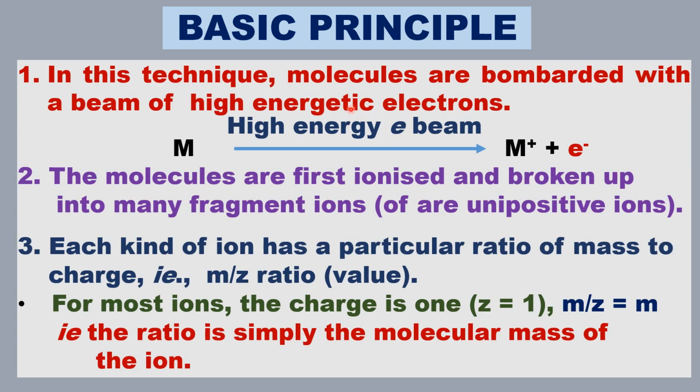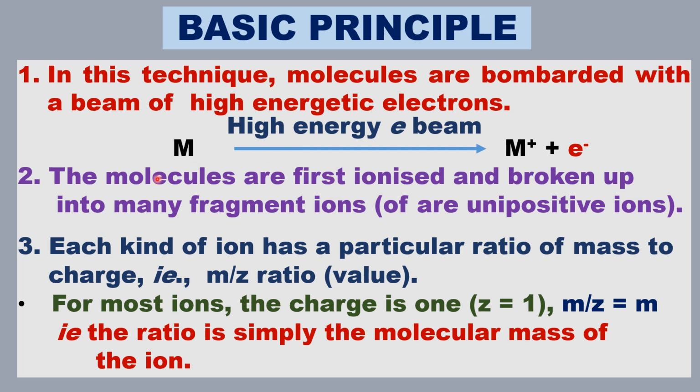In mass spectroscopy, mass spectrometry, the molecules are bombarded with a beam of high energetic electrons. Okay, ठीक है। इस समय एक और दो इलेक्ट्रॉन्स निकल गया। Okay, molecules are ionized.